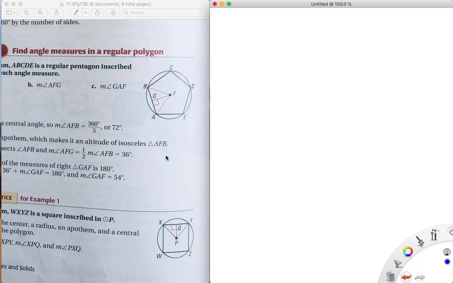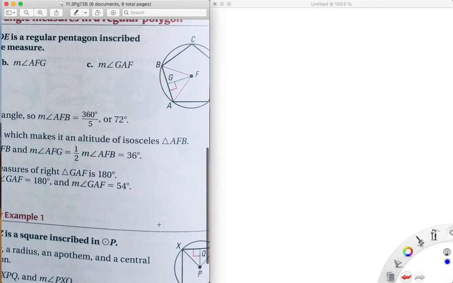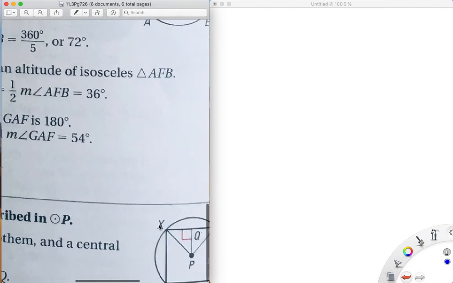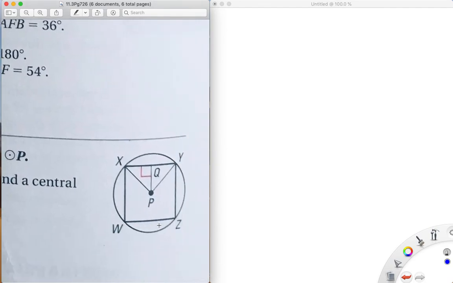All right, so the center of this square is P. The radius goes from the center to the end of the circle and also to the vertex. So XP is the radius, and YP is the radius.